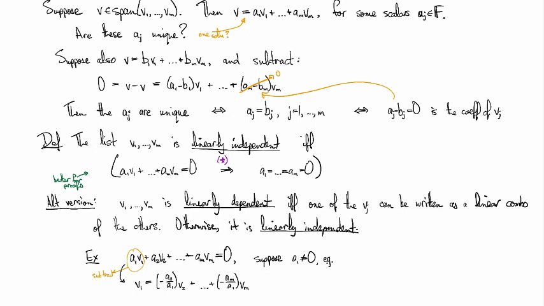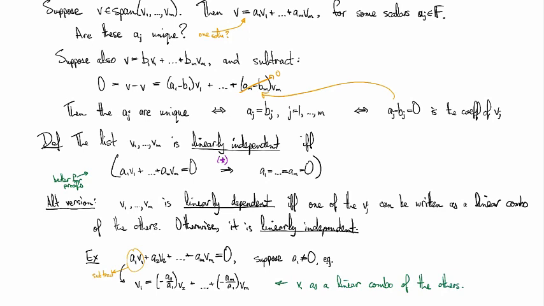So you can see that if I can write a linear combination here where one of these is non-zero, then I can do this trick where I divide by it and subtract over to the other side, and then I have an expression for v1 as a linear combination of the others.